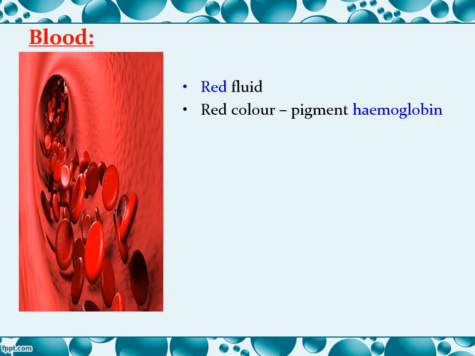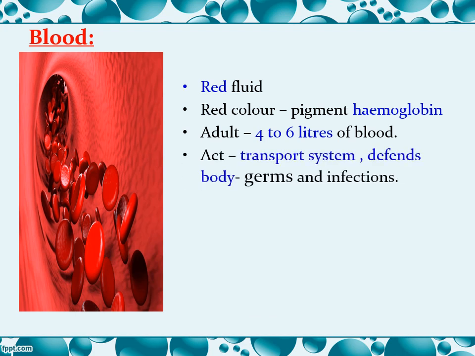An adult human body contains 4 to 6 liters of blood. There are two main functions of the blood. The first one is that it acts as a transport system. As I mentioned earlier in the previous slide about the circulatory system, it transports the blood to the different parts of the body.